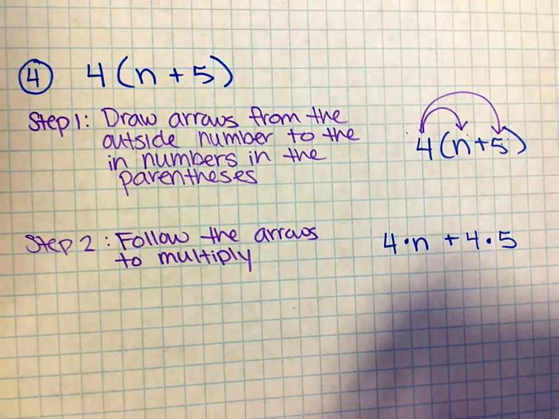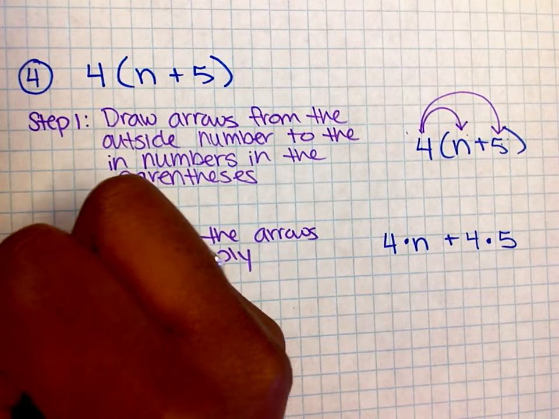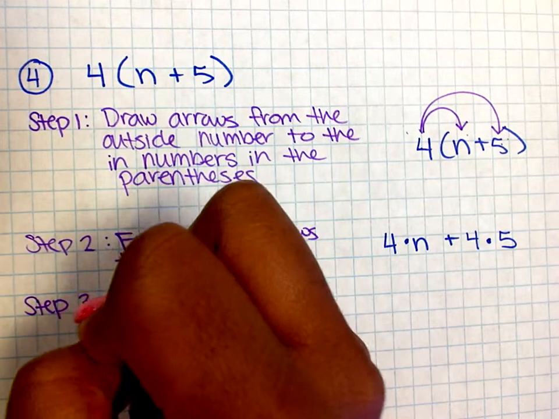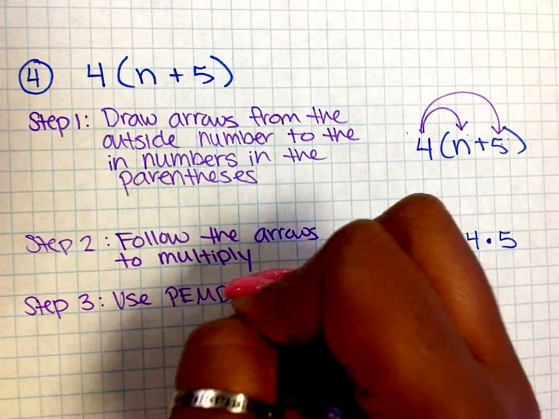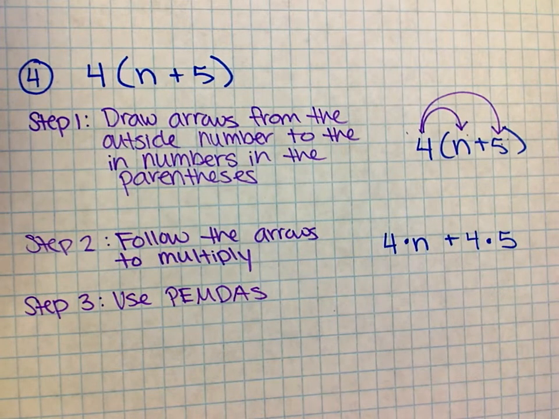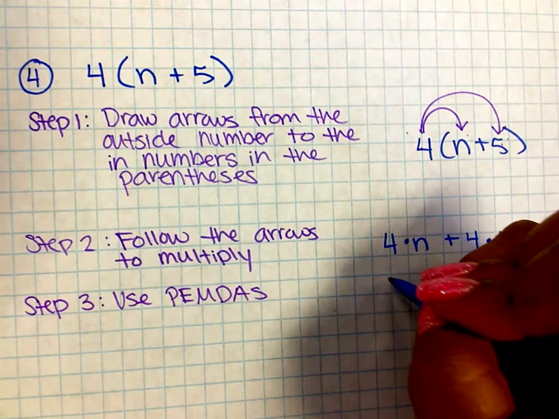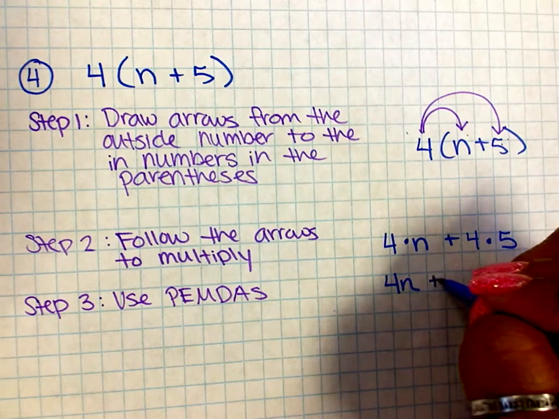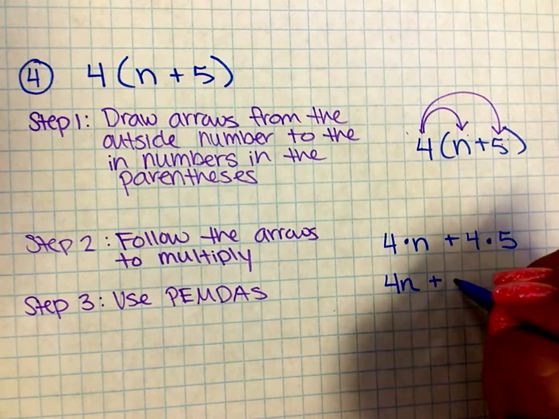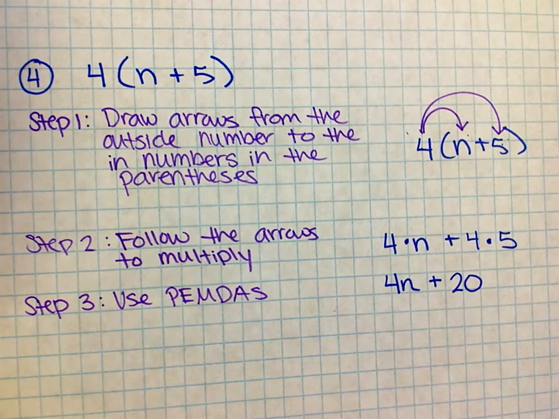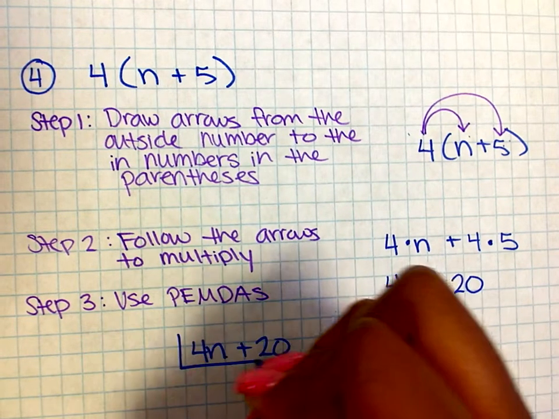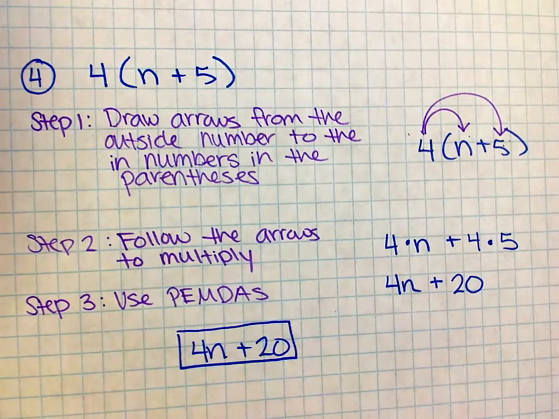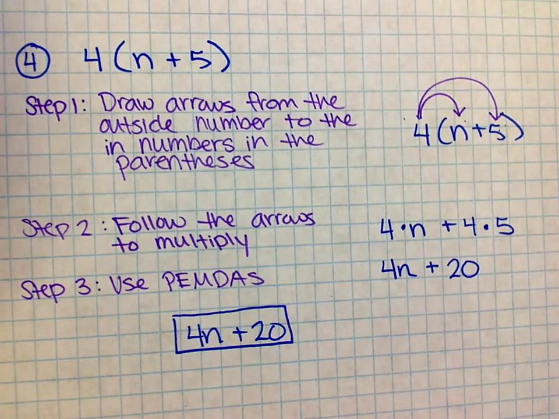And my last step is just to use PEMDAS. So 4 times n is 4n plus 4 times 5 is 20. So there's your answer, 4n plus 20. That makes sense?